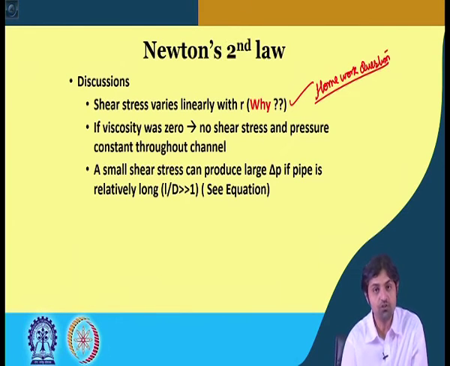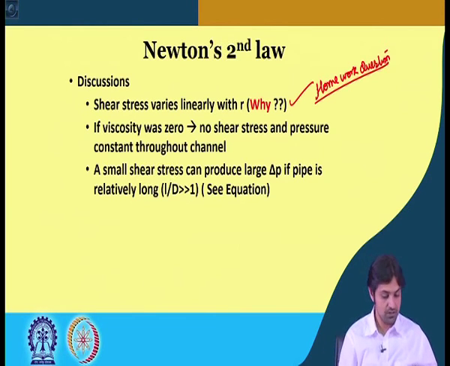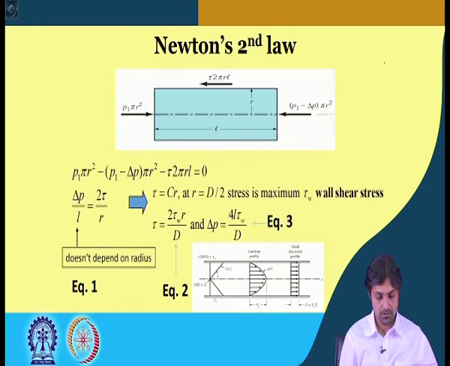Secondly, if there was no viscosity, let us say it was 0, then there would be no shear stress and pressure would have been constant throughout the channel. That is true, because there would be nothing to cause the pressure to work. Therefore, a small shear stress, you see this, delta P is 4 L tau W by D, right.